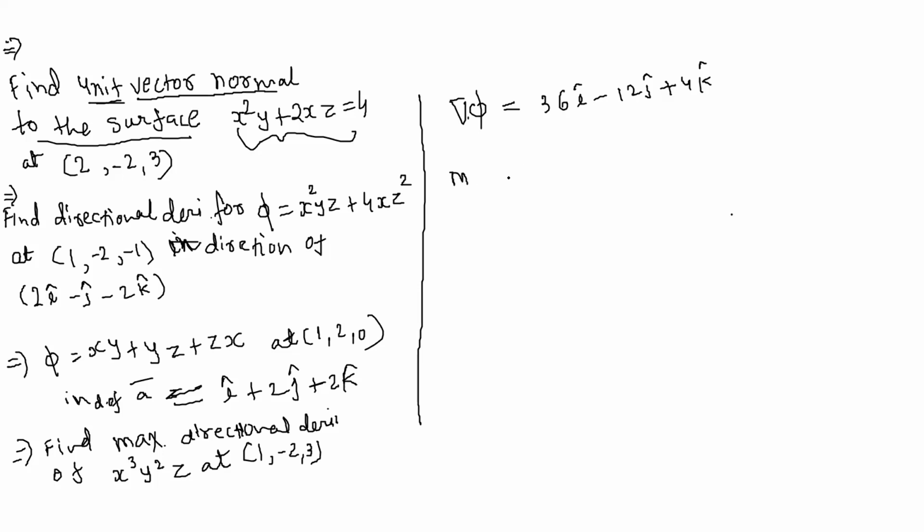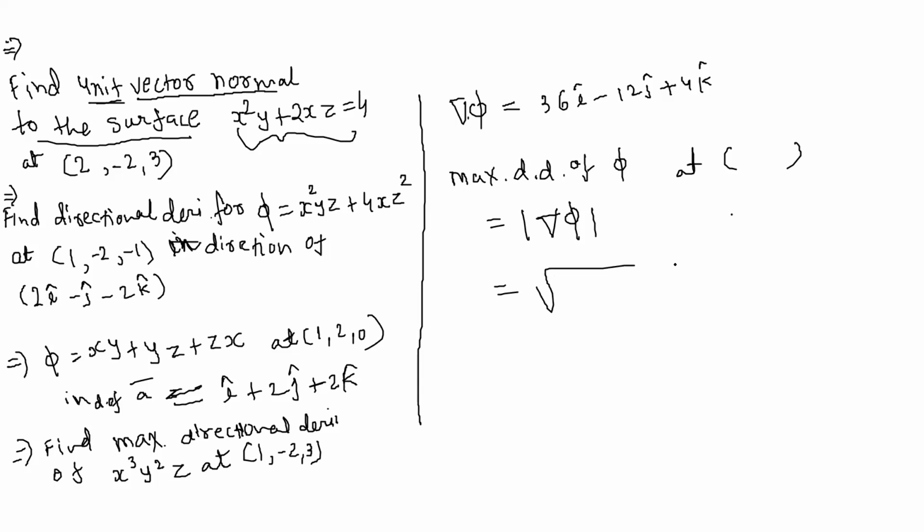Just mod nabla phi, because cos theta will be maximum, which is 1, if theta is 0. So you will write: maximum directional derivative of phi at the point 1, minus 2, 3 is equal to mod nabla phi. This is the formula. Remember, this is the formula for getting maximum directional derivative.